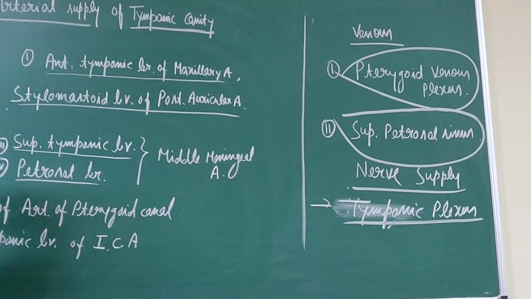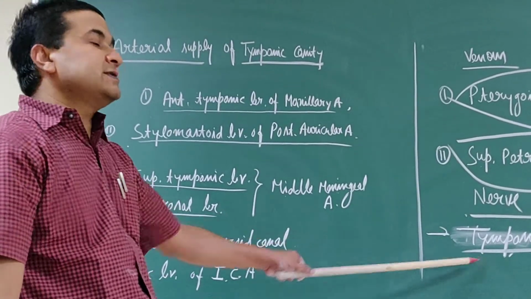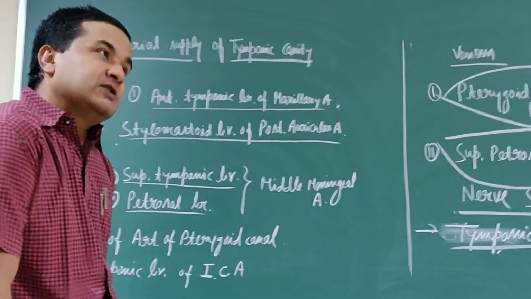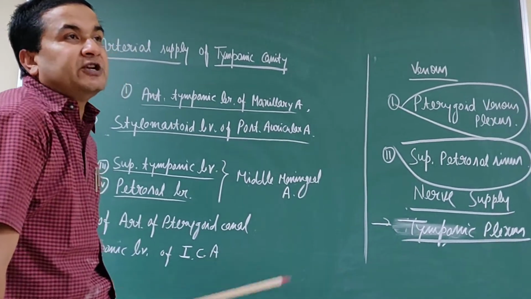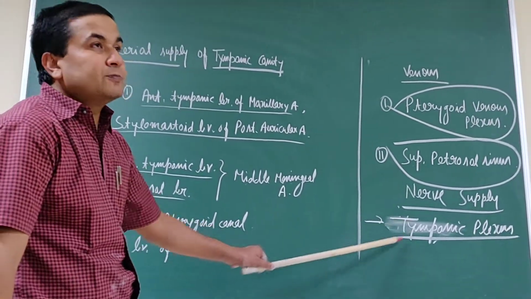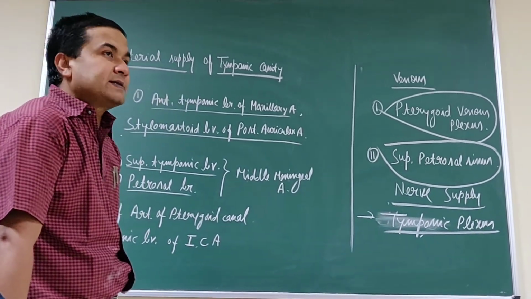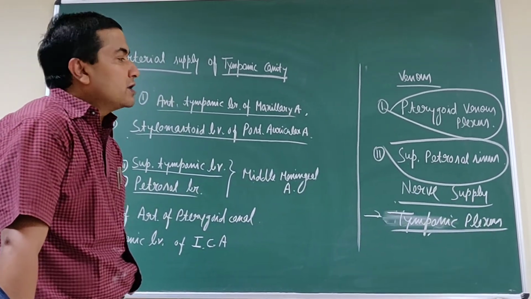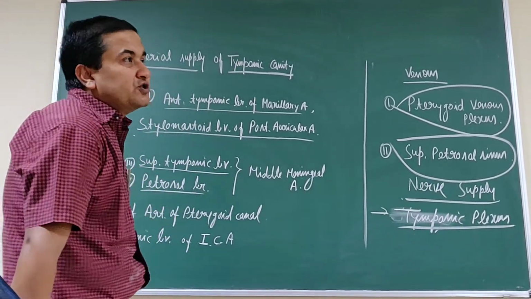This tympanic plexus is formed by the tympanic branch of the glossopharyngeal nerve, as well as the caroticotympanic branch of the sympathetic plexus around the internal carotid artery. They form the tympanic plexus, which rests on the promontory and supplies sensory innervation to the tympanic cavity, mastoid antrum, and auditory tube.